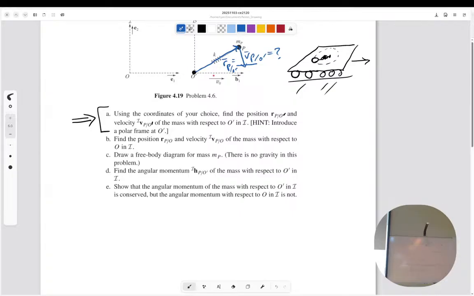What's the position look like per cylindrical coordinates? Oh, I see that.